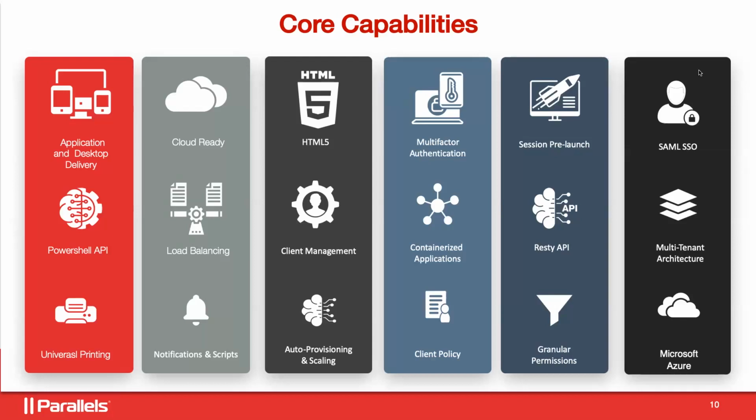We have universal printing, so any printer that's attached to the client device, and they connect through to their application or desktop, they can print. Of course, with our security hat on, that might be something you want to disable externally, and of course we can do that, plus many others. As I say, we'll go through those as we go through.